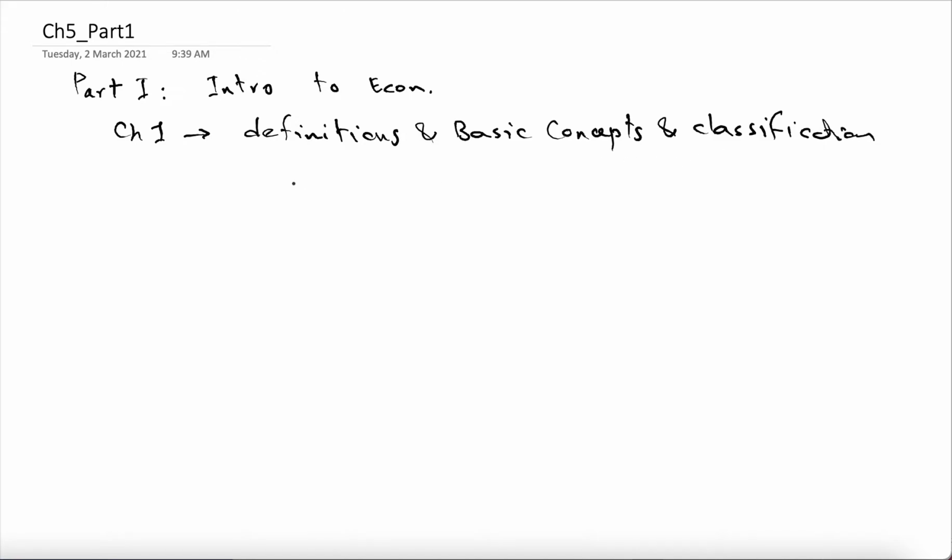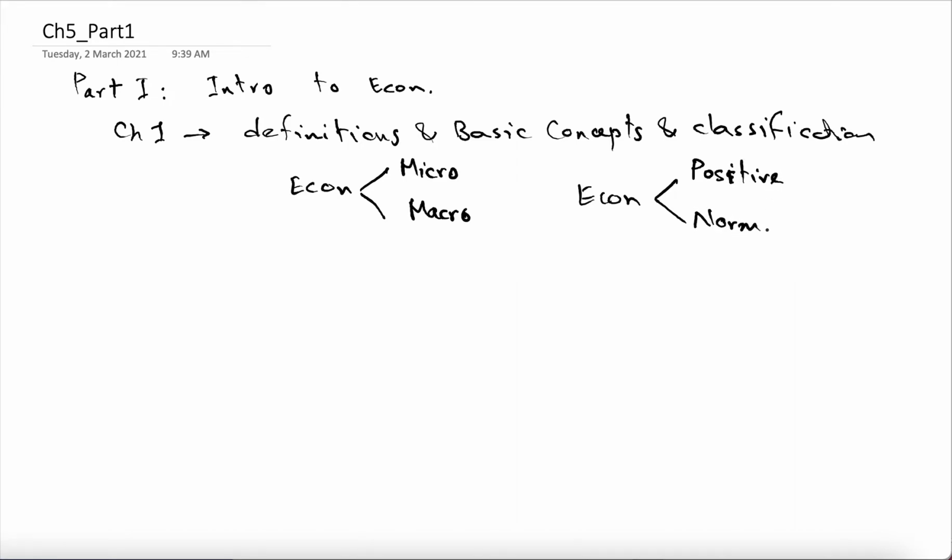So here we did say that economics has two major branches, micro and macro, and economics methodology has two major types of approach, positive versus normative.